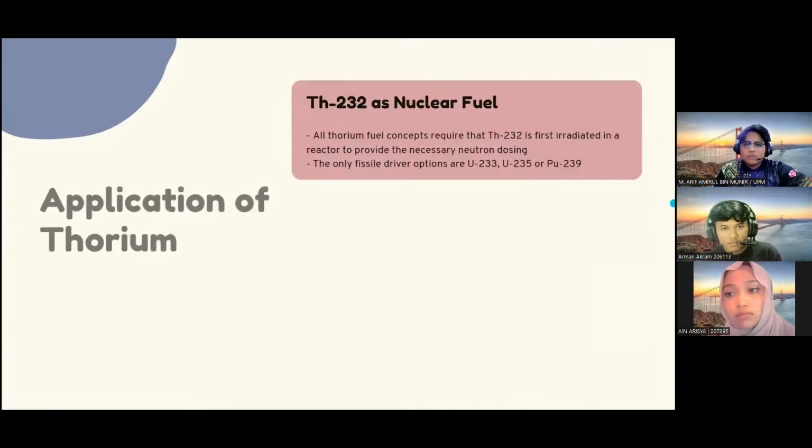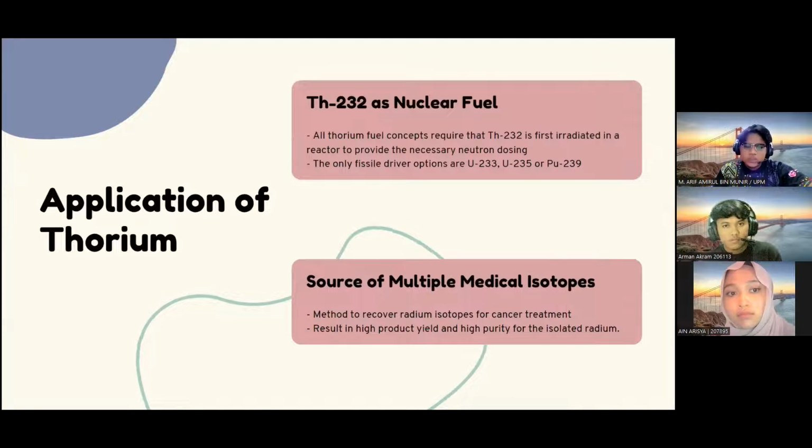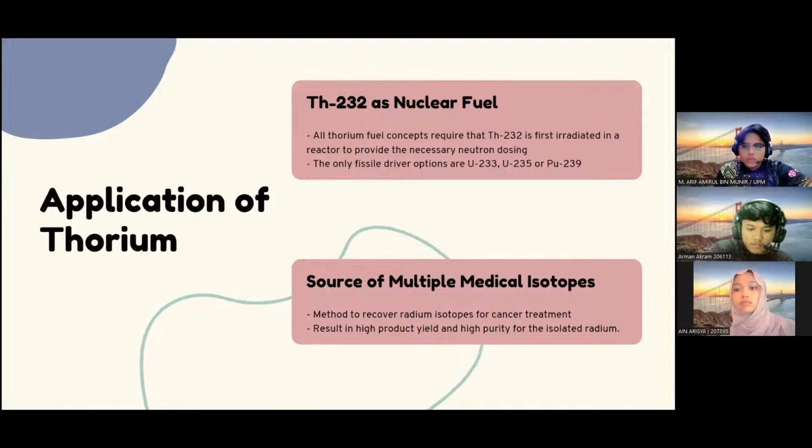Okay, next, the application of thorium. Similarly to uranium, thorium is also used as nuclear fuel. Thorium is not itself fissile, so it is not directly usable in a thermal neutron reactor. However, it is fertile, and upon absorbing a neutron it will transmute to uranium-233, which is an excellent fissile fuel material.